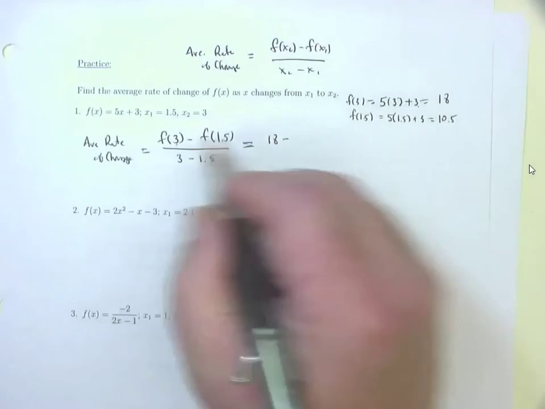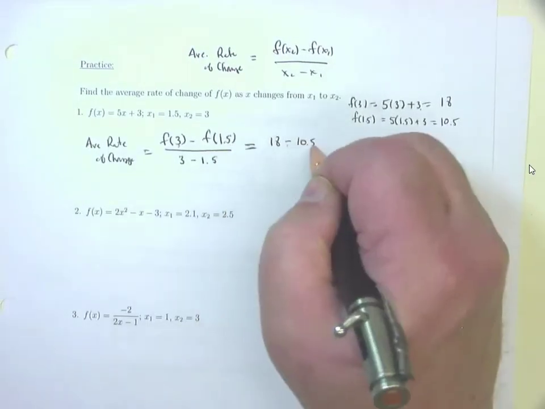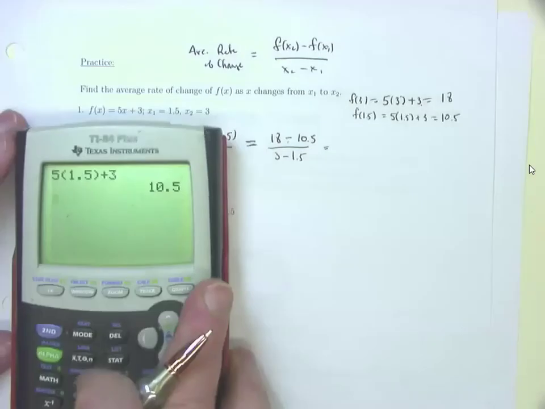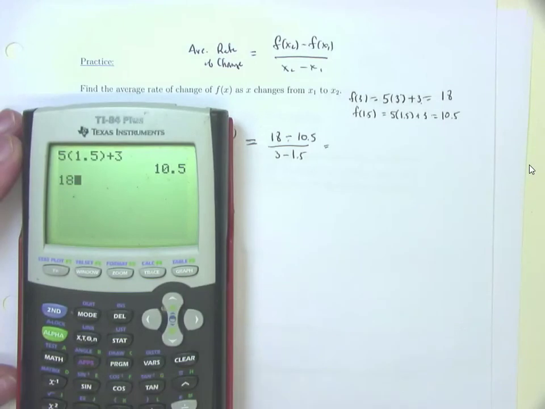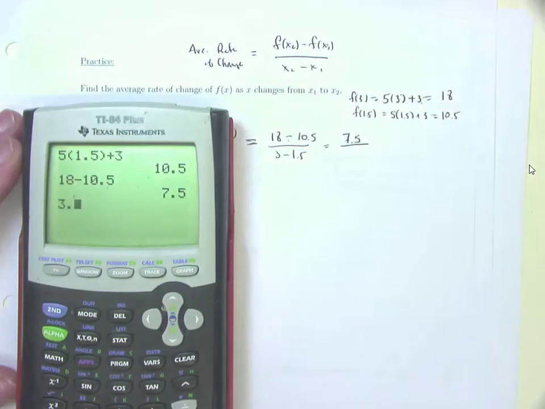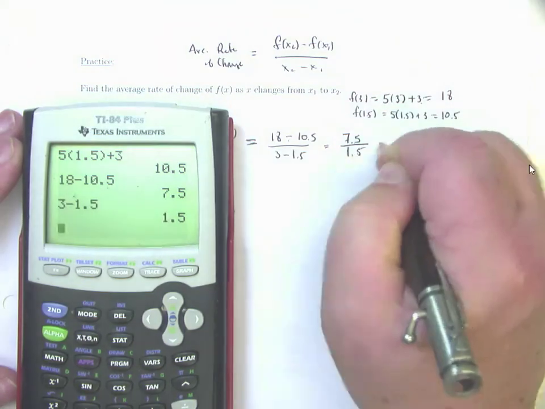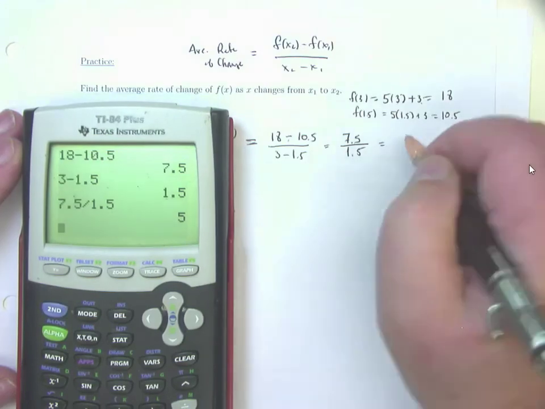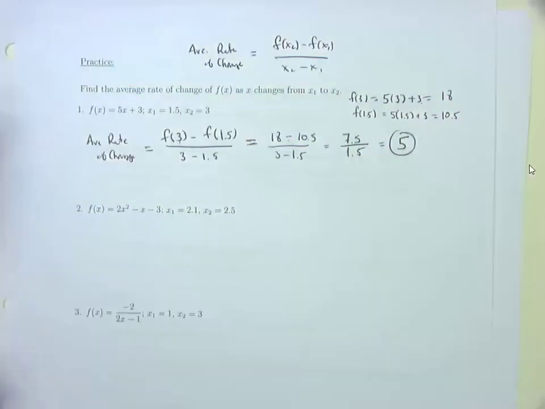This will be f of 3, which is 18, minus f of 1.5, which is 10.5, divided by 3 minus 1.5. 18 minus 10.5 is 7.5, divided by 3 minus 1.5 is 1.5. So the answer is going to be 7.5 divided by 1.5, which is the average rate of change between x1 equals 1.5 and x2 equals 3, and it is actually 5.